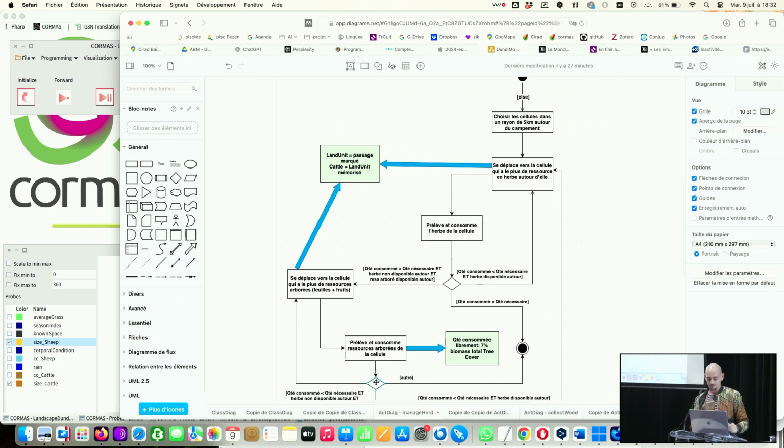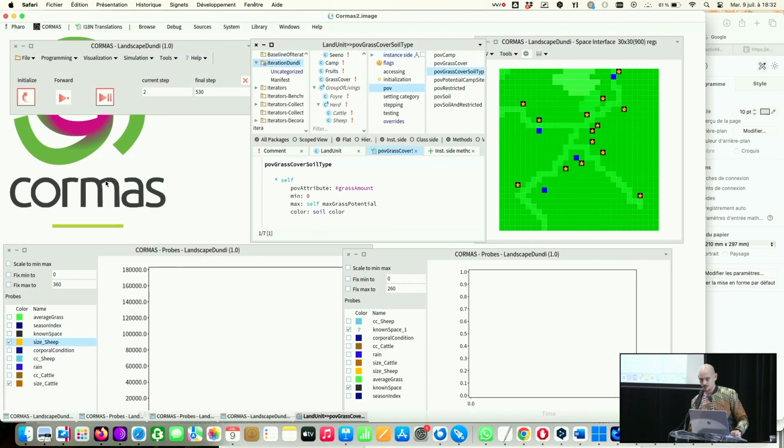So, for example, here you have Cormas in Faro, and you have our space with grass, camps, water points, and the amount of grass, because each type of landscape gives a certain amount of grass. And the lighter the color, the less grass there is in the space.